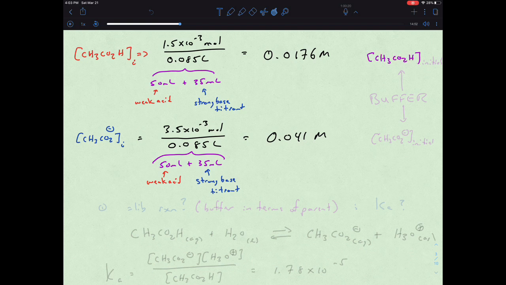So we have acetic acid initial. We have acetate initial. And because of that, again, that's why we have that buffer idea. We have both of those components initially.